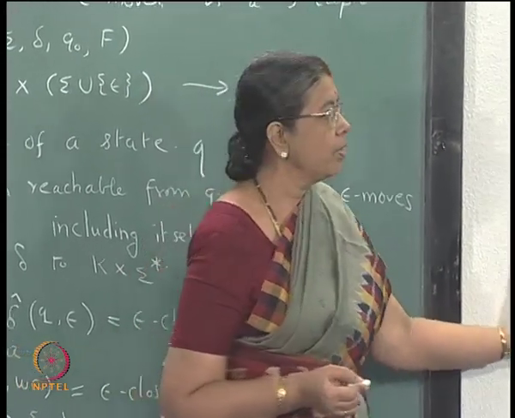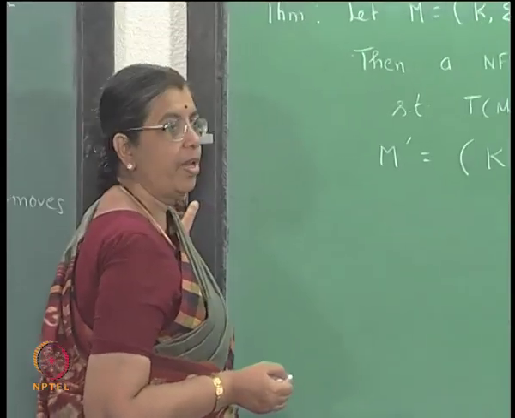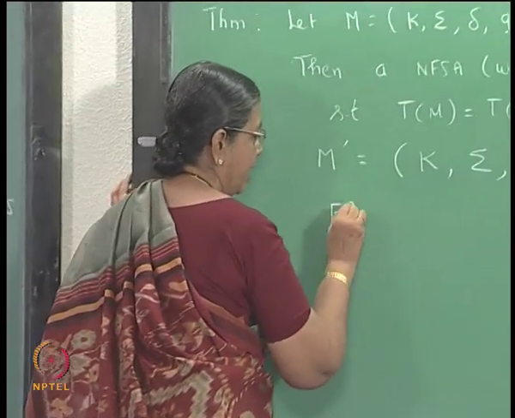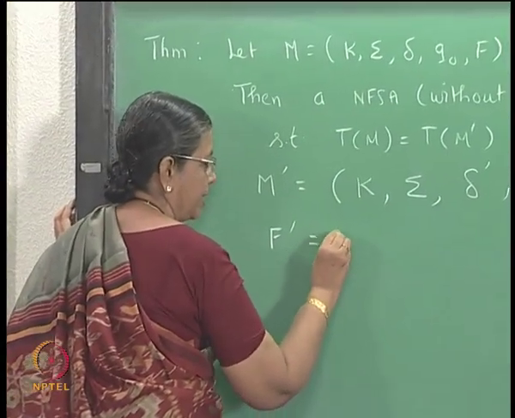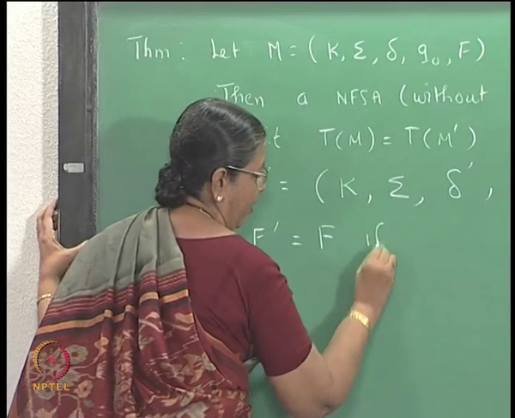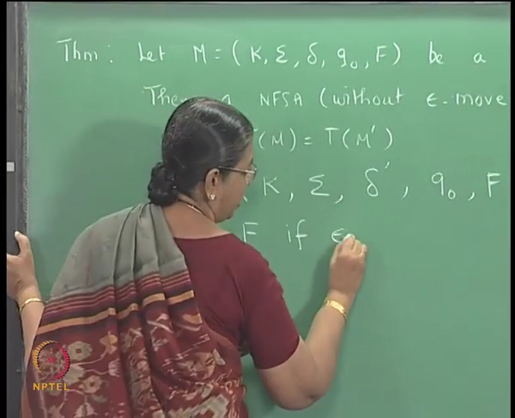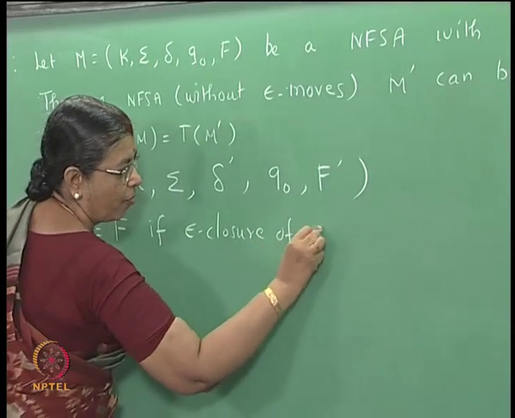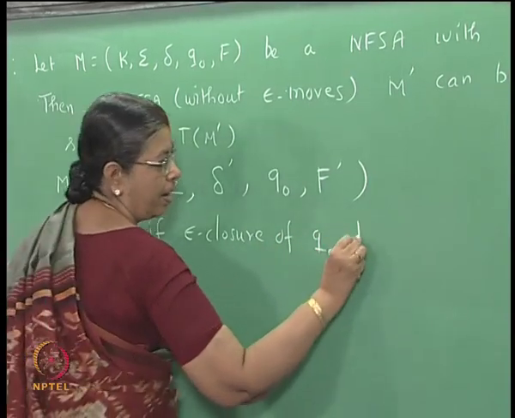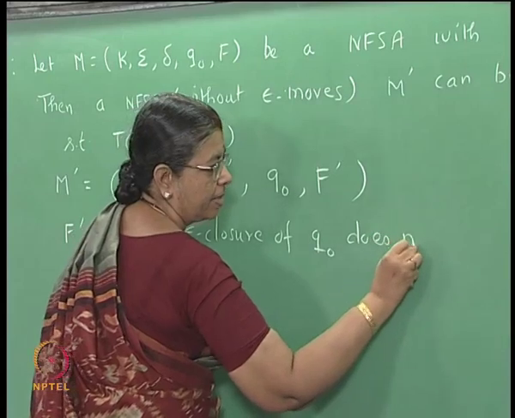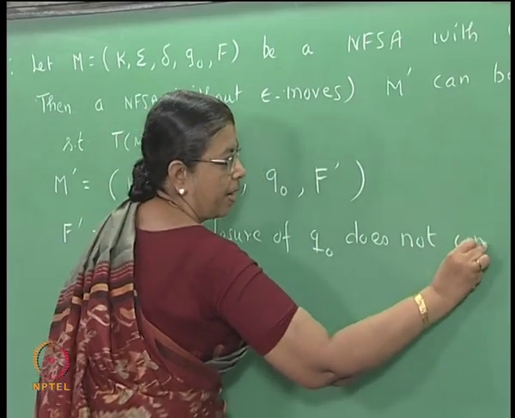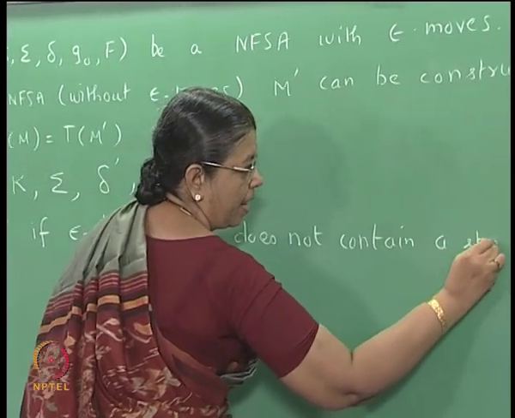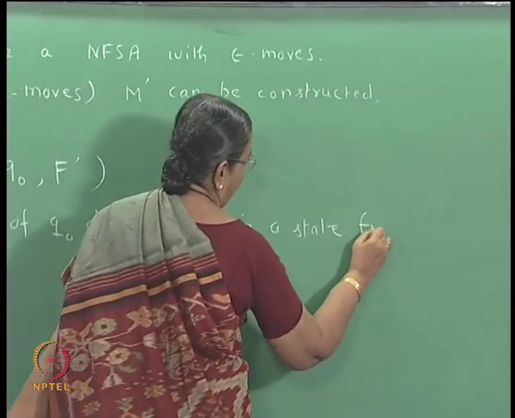So, how do you define F dash, how do you define delta dash? F dash is F if epsilon closure of q naught does not contain a state from F.